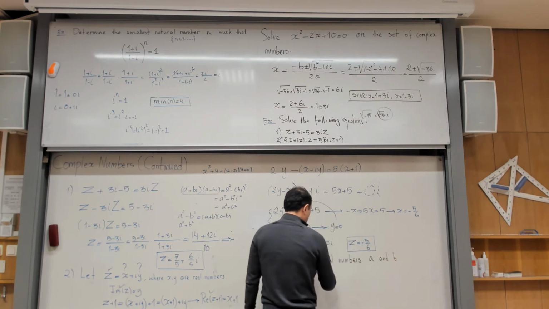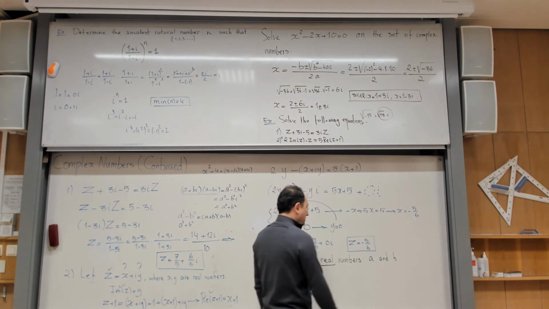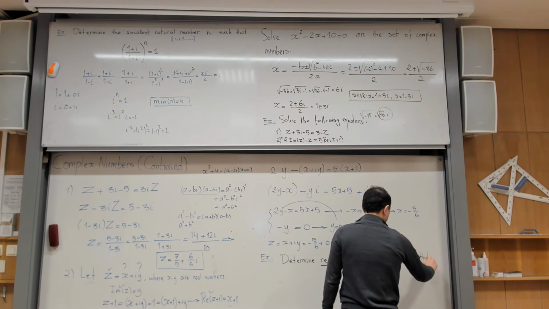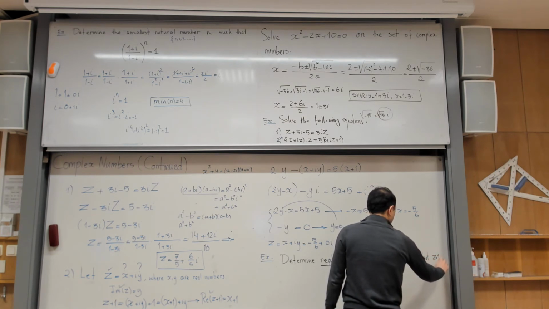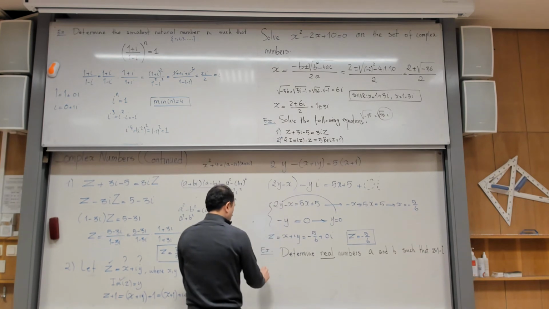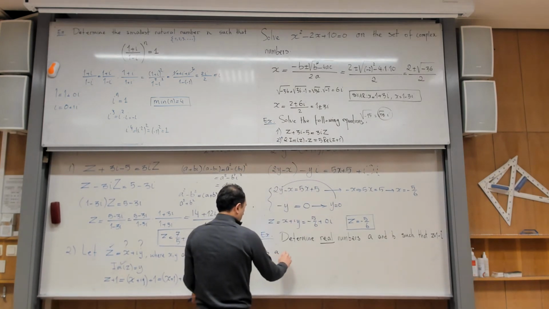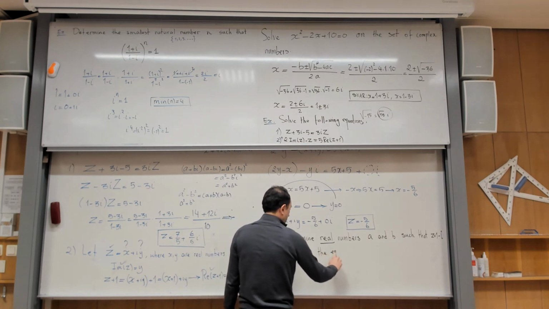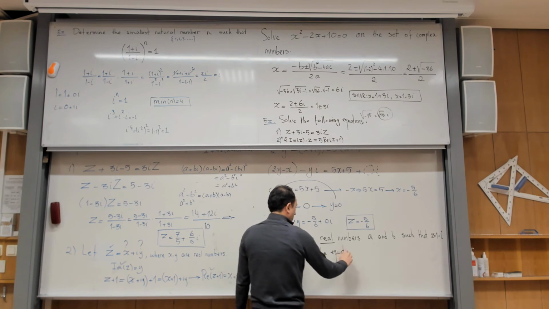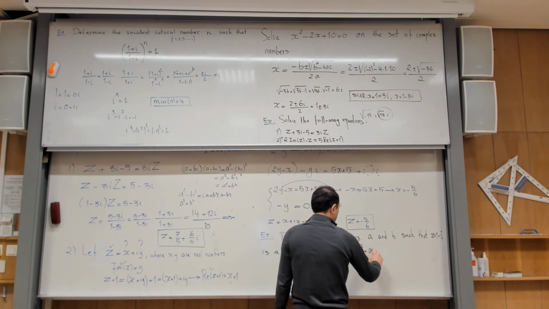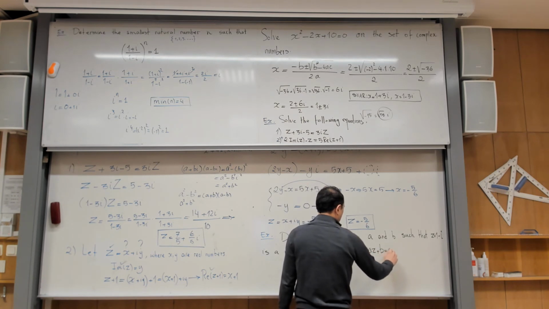So let me emphasize that they are real, such that z equals 1 minus i is a root, or a solution, of the equation z squared plus az plus b equals 0.